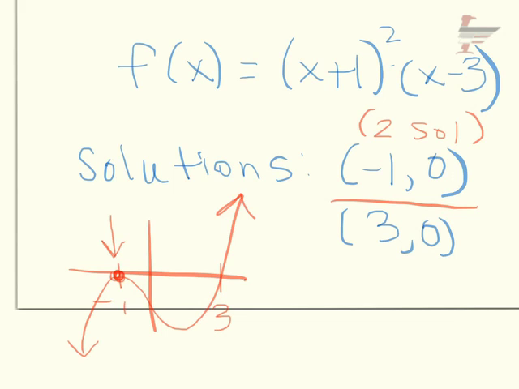Now if all I gave you was the graph, you don't know if it repeats itself twice or 3 times or 4 times or 5 times, and I promise you that at this point in your math career you don't have to figure that out, but you have to recognize that when it touches the x-axis that would count as a repeated solution. So make yourself a big note visually. If it touches the x-axis but doesn't cross through, that counts as a repeated solution. If it crosses through, it only counts once.